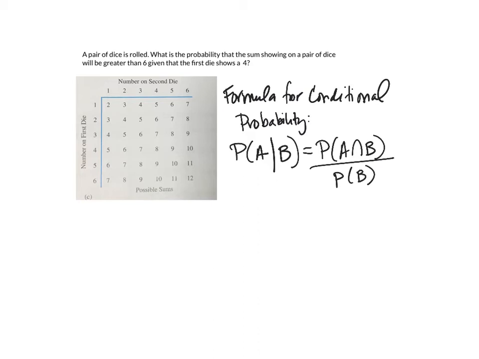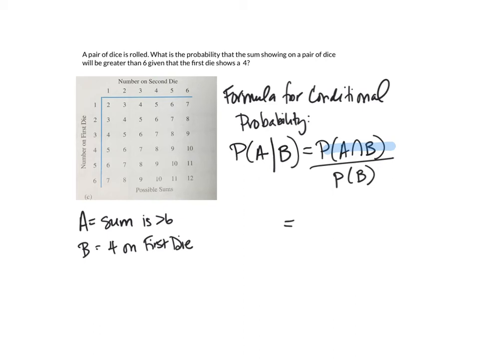All right. So first off, if A is our sum is greater than 6, and B is a 4 on the first die, then the probability of A intersect B, so that's a sum is greater than 6 and a 4 on the first die.